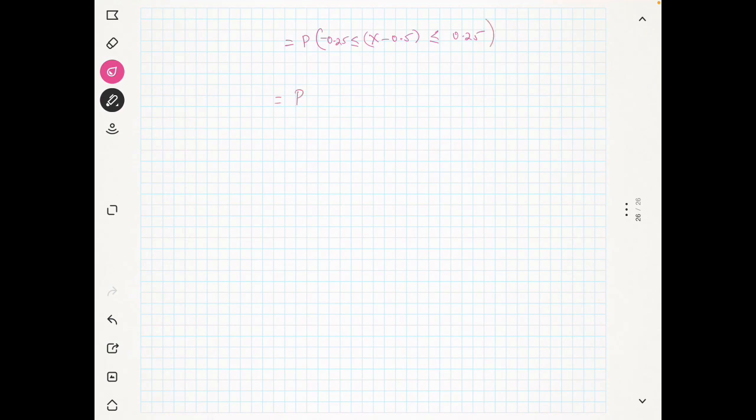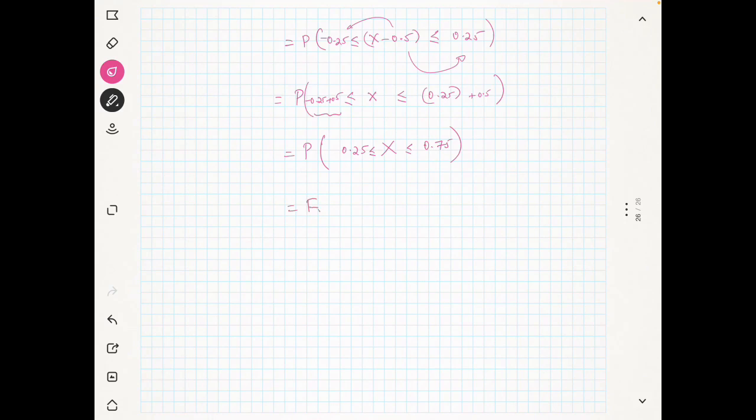So this is nothing but the probability that x takes the value between, the 0.25 is already there, I will take this to the right side, this becomes plus 0.5, and the minus 0.25 is already there, if I take it to the left side it becomes plus 0.5. So this is nothing but the probability that x takes the value between 0.25 and 0.75.